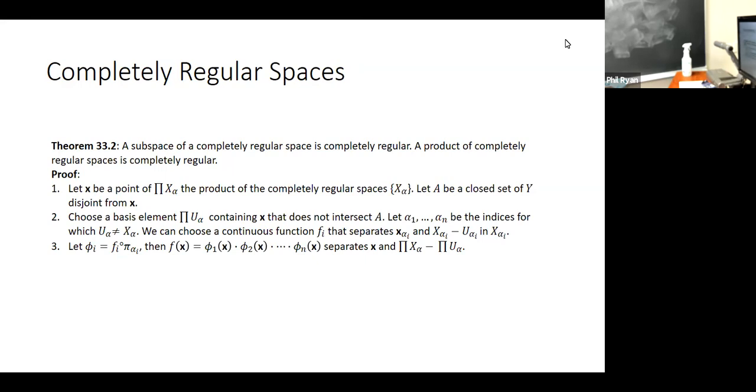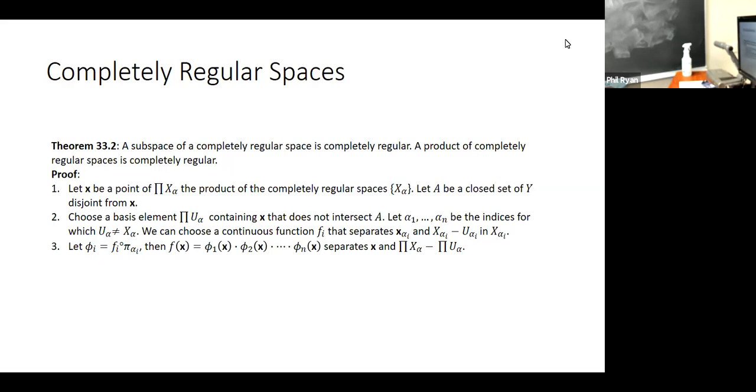But we're in the product topology, right? So this basis element has to be the whole X alpha, except for finitely many. We'll let this be the indices of those elements of the basis element which aren't the whole space. It's only finitely many.